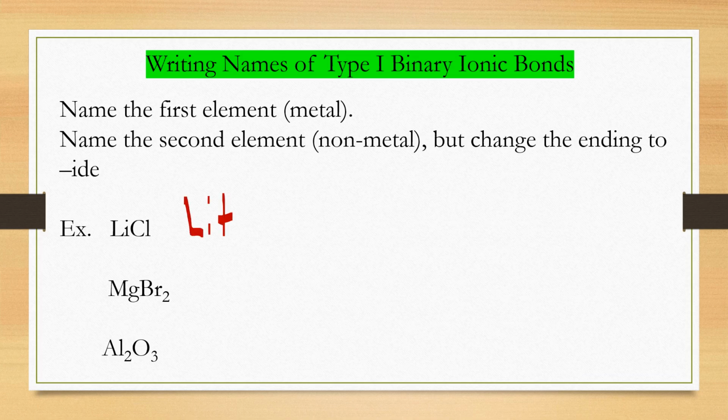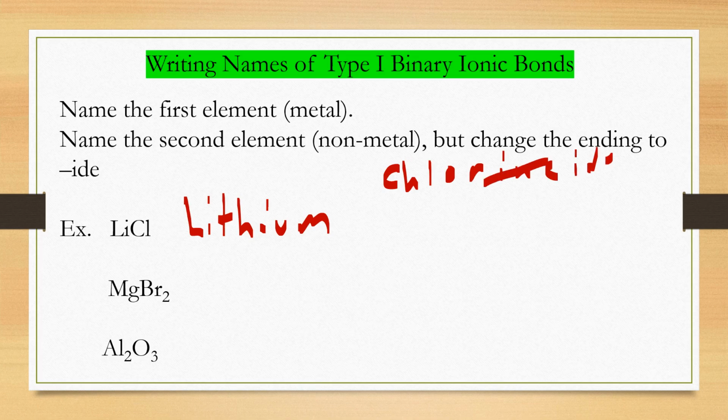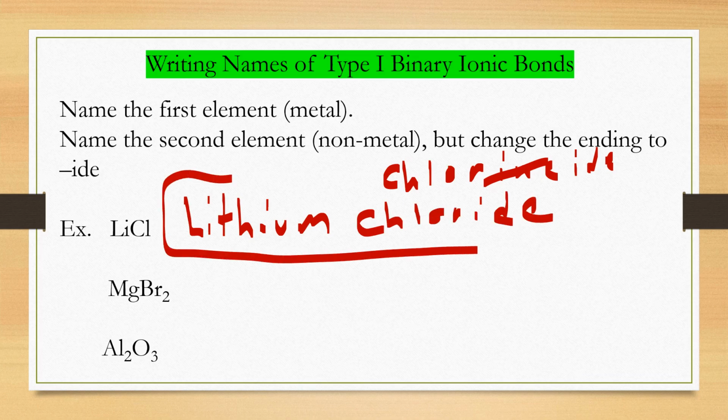Lithium, we write the name of the metal, its full name. Then we have chlorine. So having chlorine, what we do is we take the ending and change it to "ide." So it's going to be lithium chloride. That's the name of this binary ionic compound.